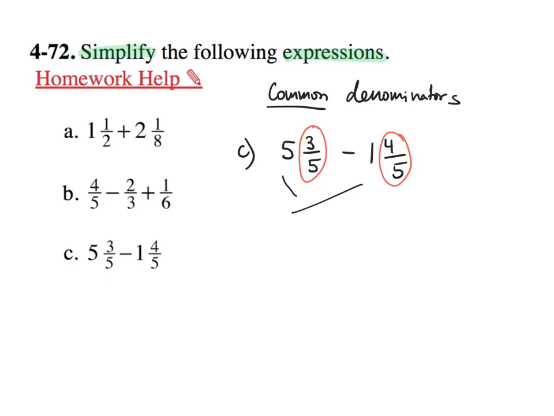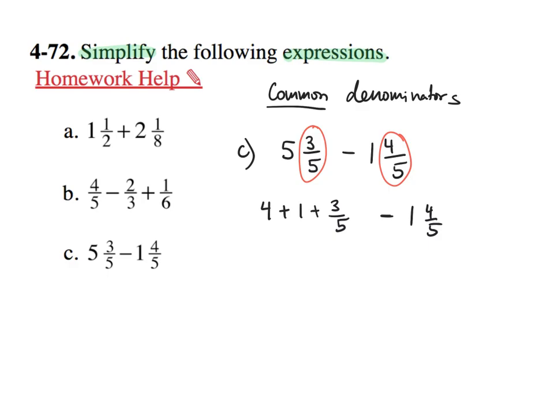One strategy is to represent the 5 as 4 plus 1 whole plus 3/5, and then we have to take away 1 and 4/5. I'm going to keep them like that. I just wanted to show you that I'm going to borrow.